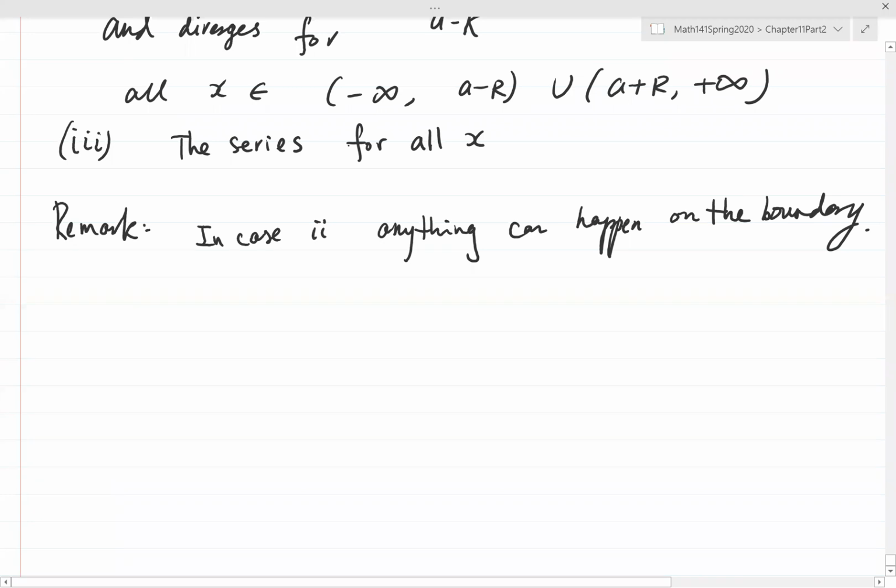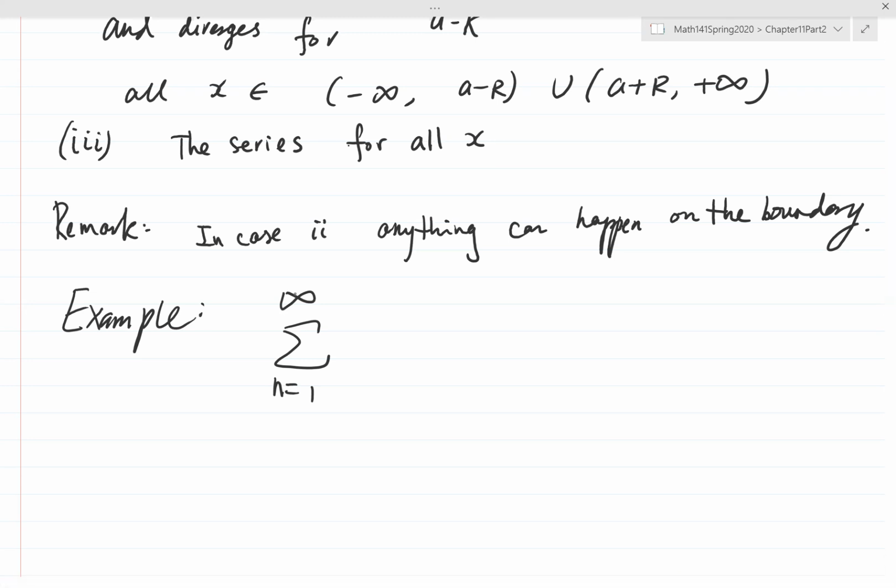Example. Let's see this example: the sum from n equals 1 to infinity of n factorial x to the power n.